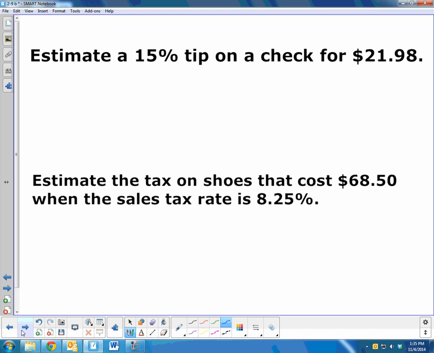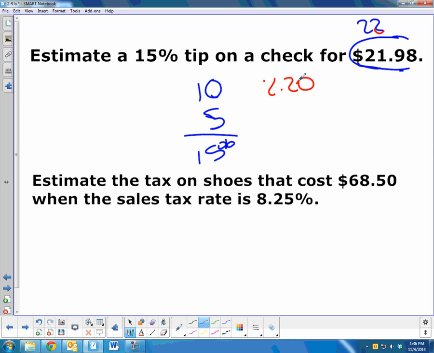So here we go. I'm going to do the estimating. And so I'm going to say, well, $21.98, that's pretty darn close to $22. I'm going to go with 22. I'm estimating. You can work out the exact, but I'm going to estimate for this one. So I'm going to figure out what 10% is, and I'm going to figure out what 5% is, and that'll give us the 15% I'm looking for. 10%, I move the decimal once to the left. I get $2.20.